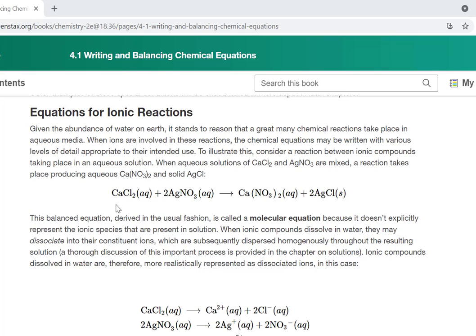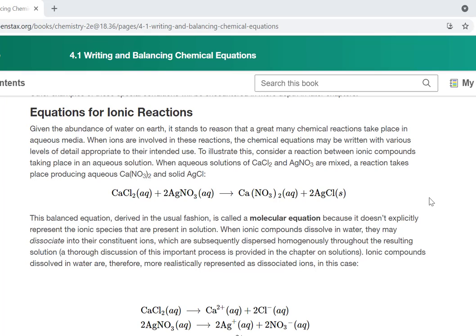So it's a bit confusing to have just talked about the distinction between ionic compounds and molecules, and then to look at an equation where everything is an ionic compound and we're calling it a molecular equation. So I apologize on behalf of all chemistry teachers for that poor choice of terminology. I'm not going to ask you about a molecular equation, but that's what your book is telling you here.